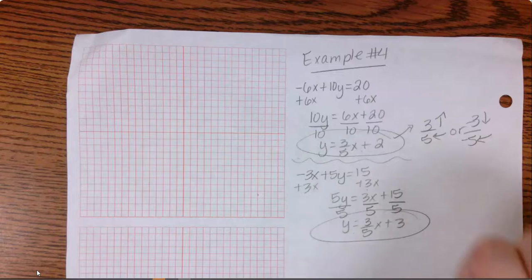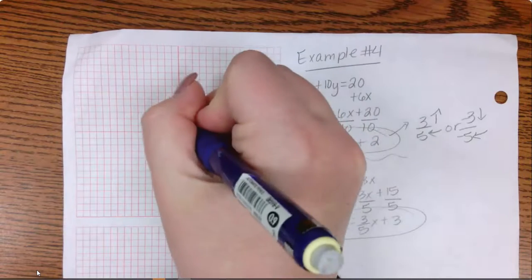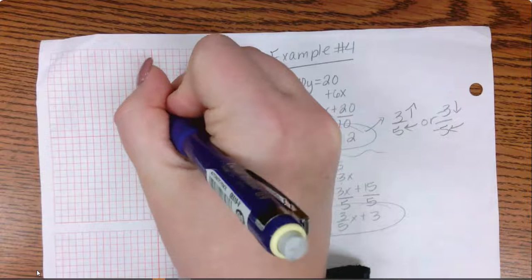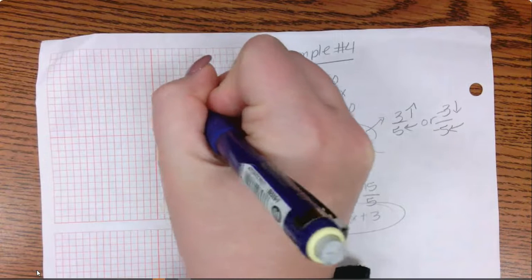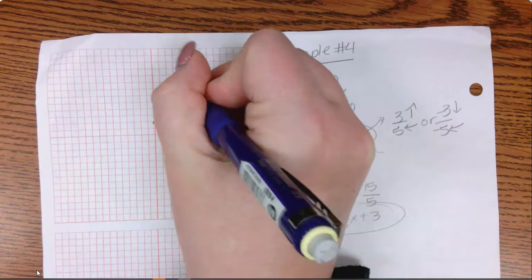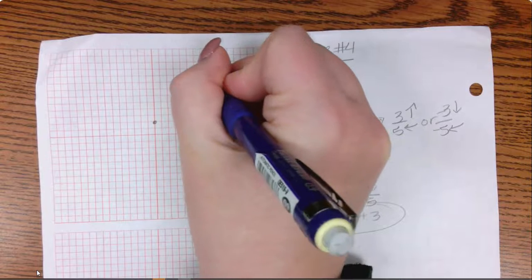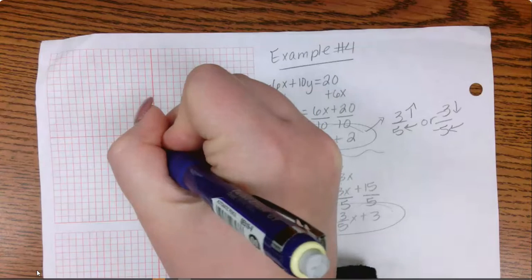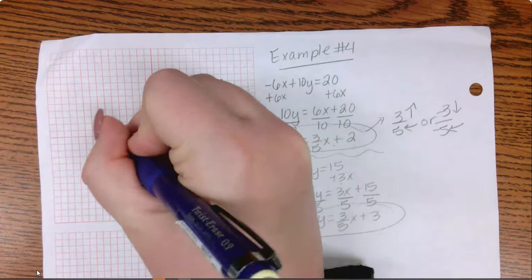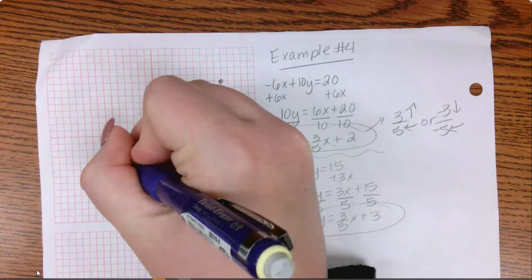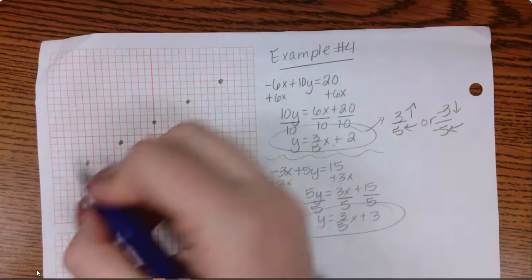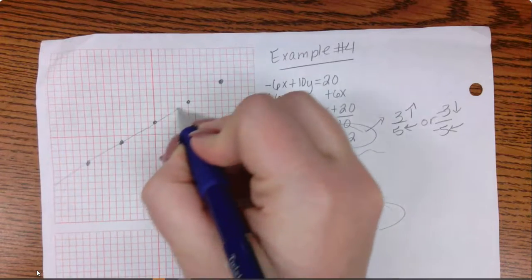So let's graph them. The first one, the y-intercept's at 2. The slope is 3/5, so we're going to go up 3 and right 5. Or you can go down 3 and left 5. Okay? That's your first one. Get your rulers, do better than me.